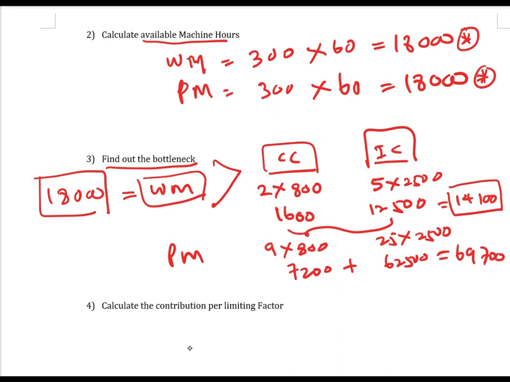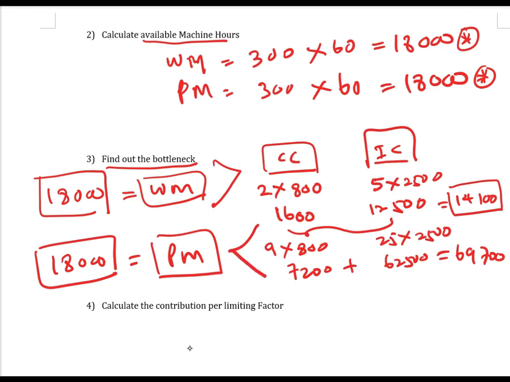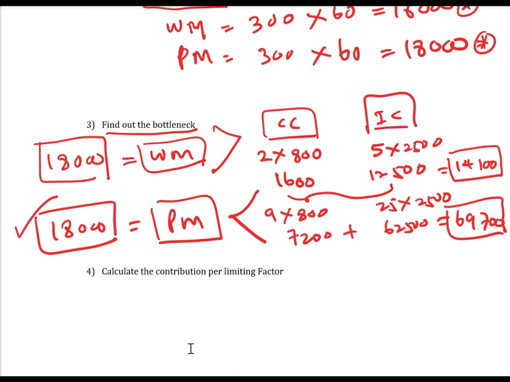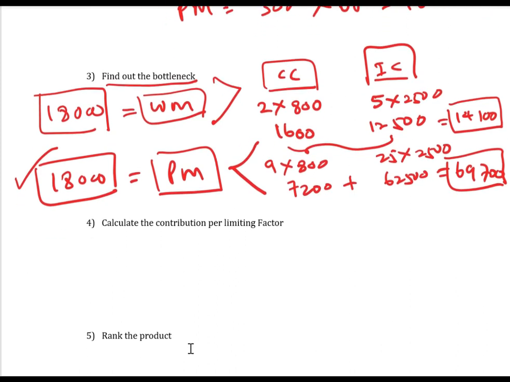Whereas for the painting machine, the available machine hours are 18,000, but this is less than the requirement of 69,700. So there is a bottleneck as far as the painting machine is concerned. Now we will move on to the next step.